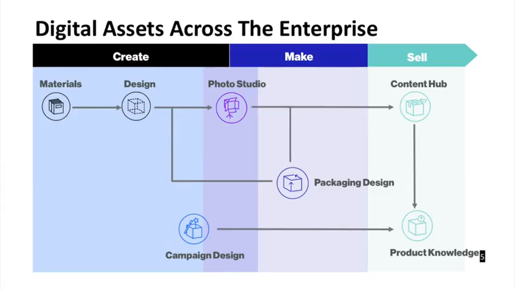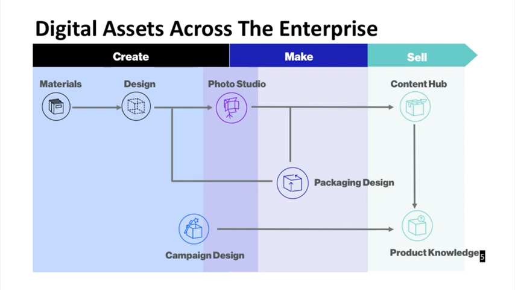So just to give an example of that, this is where we've seen the 7 touch points where digital assets are providing the most value across an enterprise, and everything from thinking about a product idea all the way through to design, delivery, and actually supporting the product.